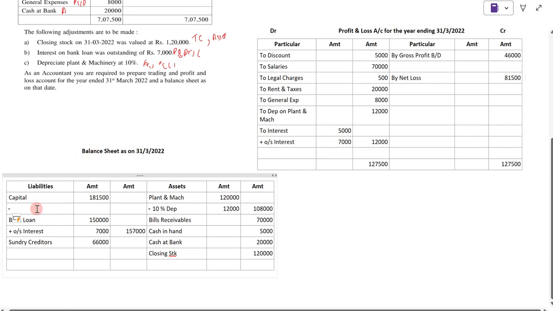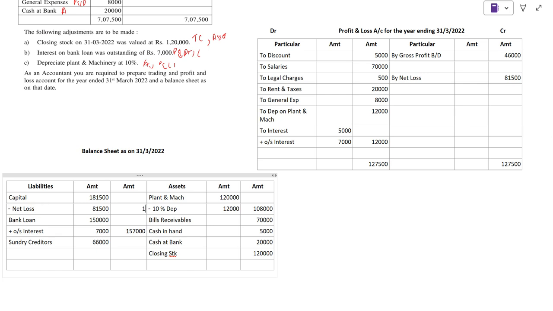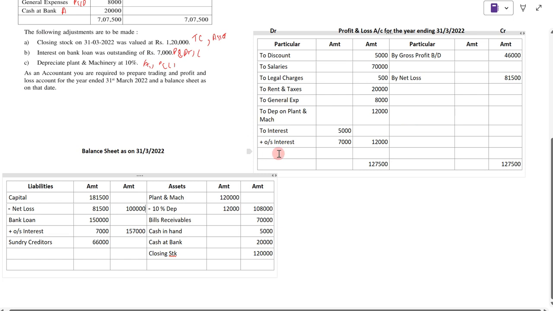So the loss we have to deduct from the capital, 81,500. So total capital will be 1 lakh. If there is net profit, you will add it to capital. If there is net loss, we have to deduct it from the capital.